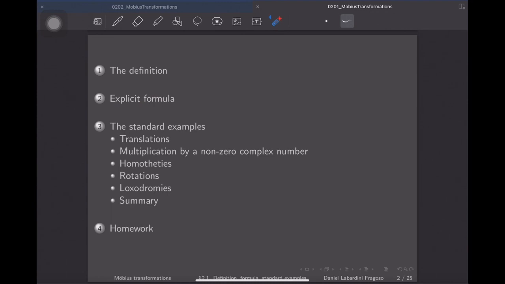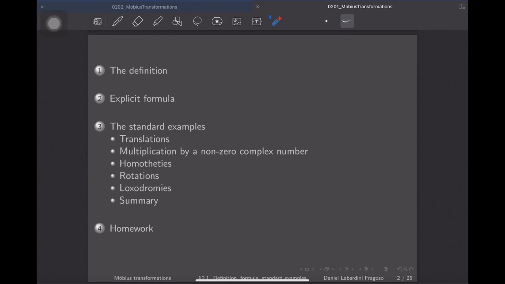To find an explicit formula for any given Möbius transformation, we remembered that in the first lecture we gave bijections between the complex projective line and the extended complex plane.